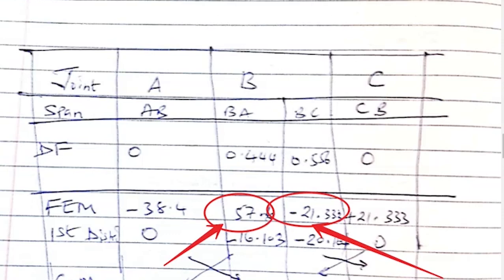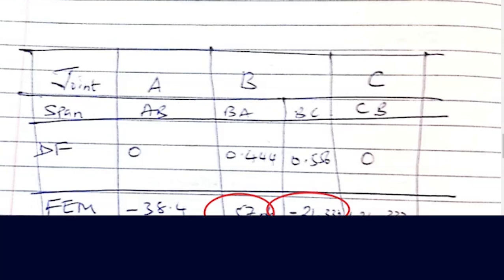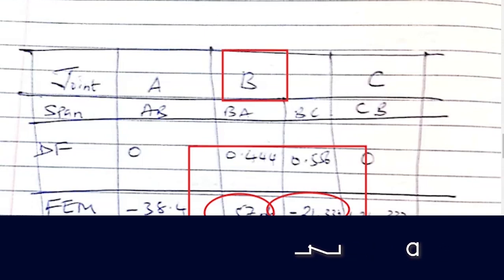This means the value at support B is an unbalanced moment. In order to balance it, the opposite, negative value of the moment from this support should be added. The difference between these two is a positive value, so vice versa it should be a negative one.